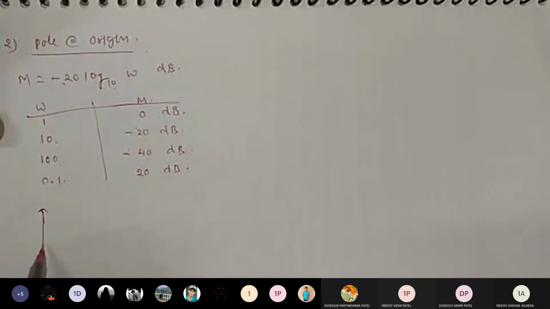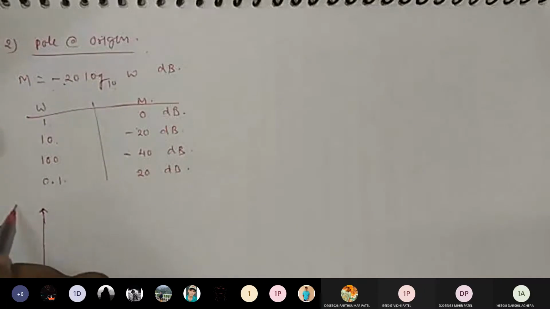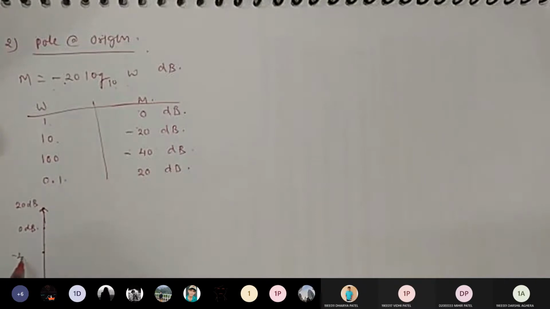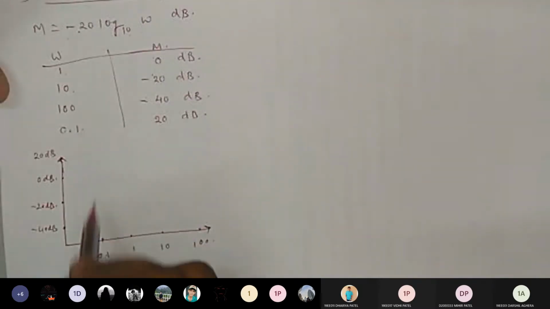And the base frequency is nothing but over here, let us say it is 20 dB, 0 dB, minus 20 dB and minus 40 dB. Okay, so at 0.1 what you are getting is 20 dB.